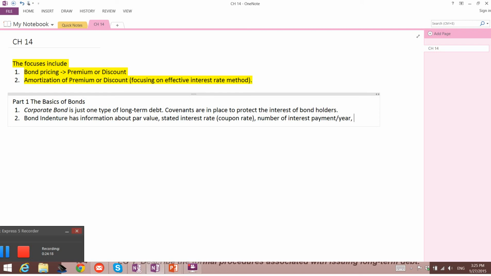By the way, par value in the United States is usually $1,000 per bond. Okay, so this summarizes what we discussed just now.